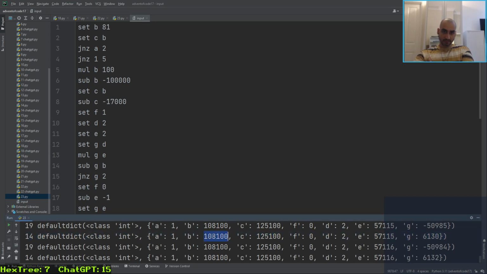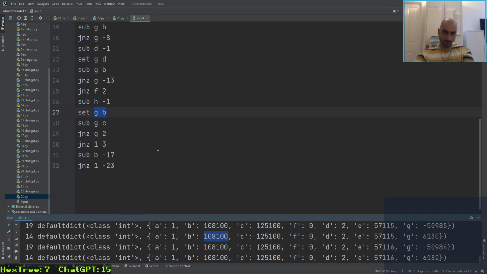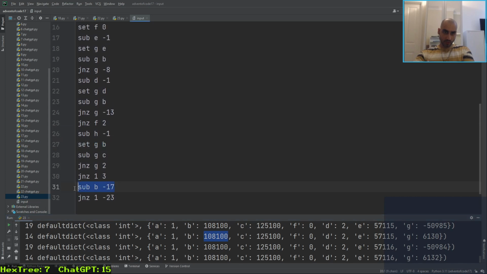B starts at this number, and then we keep subtracting 17. So there is one occasion where b is 4.